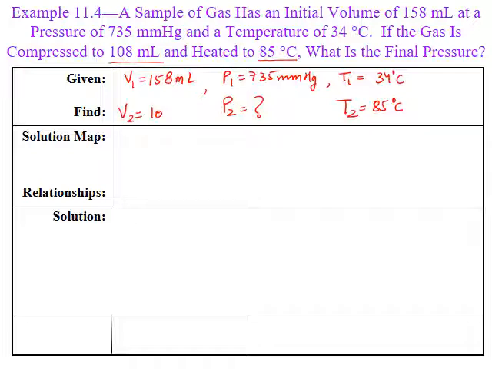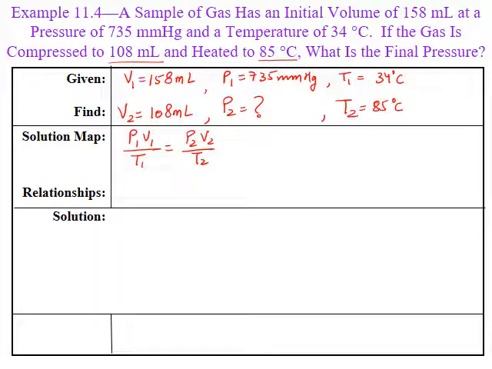So V2 is 108 ml. So the question is what is P2. Now here 3 different parameters are given to us, and what is constant is the amount of gas, which means the law that dictates this is the combined gas law. P1 V1 over T1 equals P2 V2 over T2.